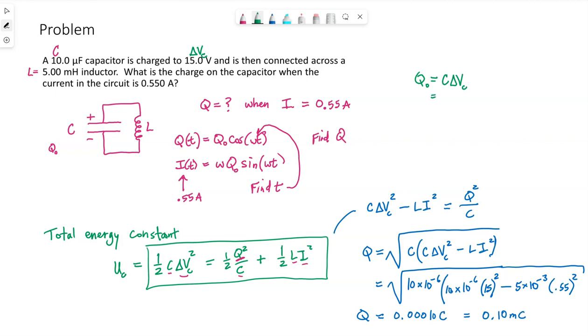So the capacitor's value, the capacitance, is 10 times 10 to the negative 6. And we know this was charged to 15 volts. So what, 150 times 10 to the negative 6?